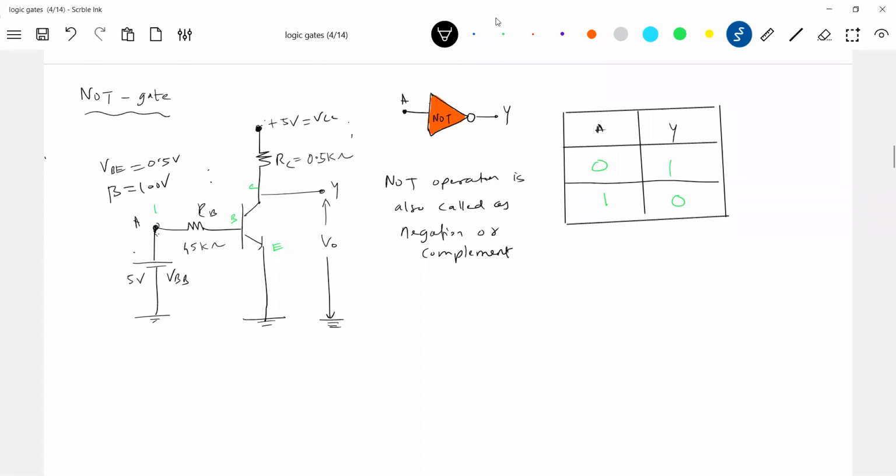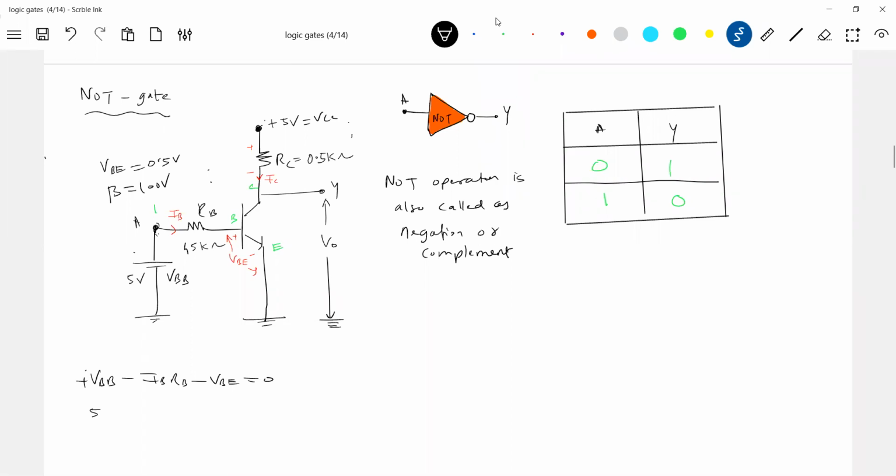Okay, let's come to this one. In the implementation, current IB will flow. Here VBE, plus or minus. Here current IC will flow. Let's write the loop equation, KVL: VBB minus IB RB minus VBE equal to 0.